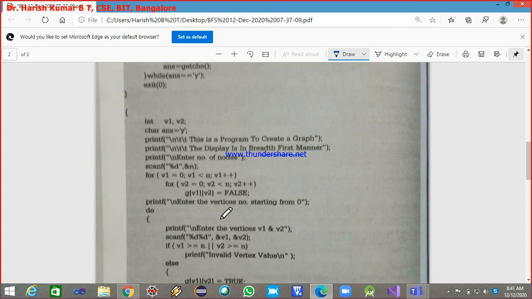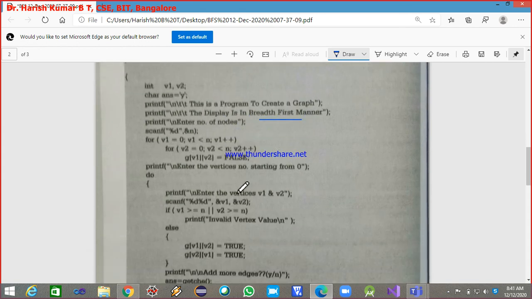Enter the number of nodes, and we are initializing the entire matrix to false, everything to 0, and then enter the vertex number starting from 0.